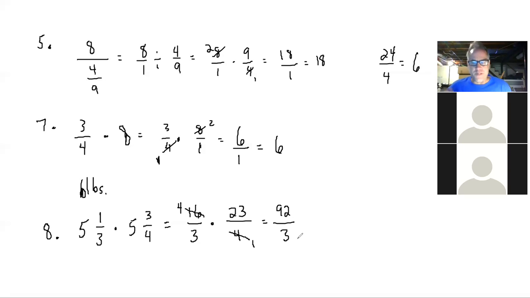Now, remember, proper means top is less than the bottom. So this is the first one we've seen where I'm going to have to take this and convert it to a mixed fraction. To convert from improper back to mixed fraction, take the bottom, divide it into the top. How many times that division goes is the whole part of the mixed fraction.